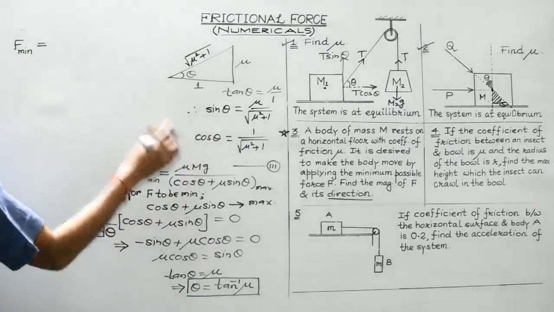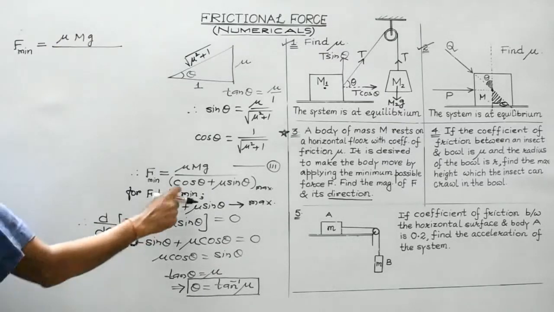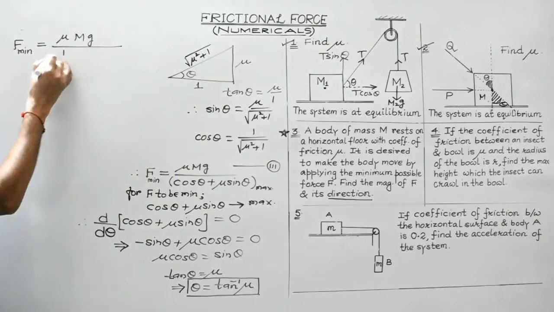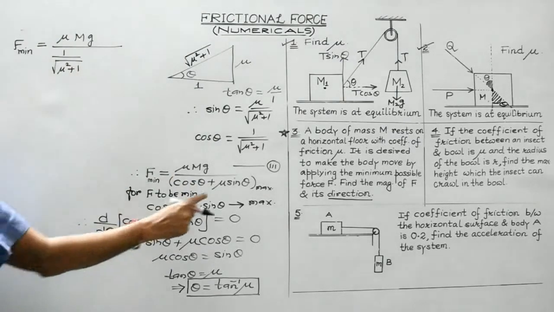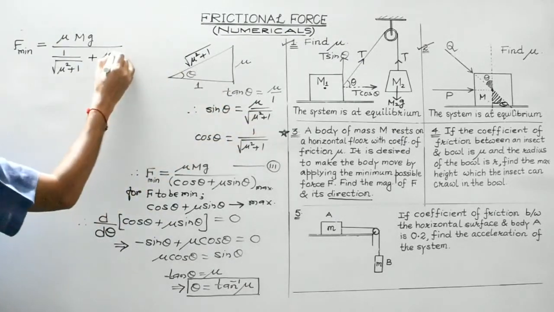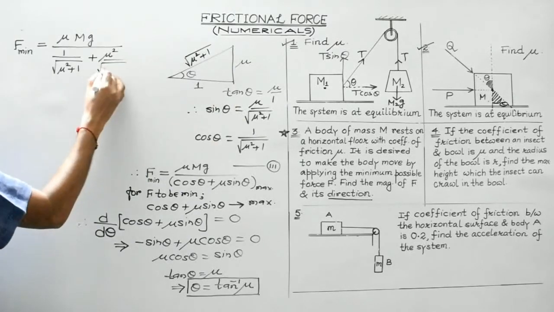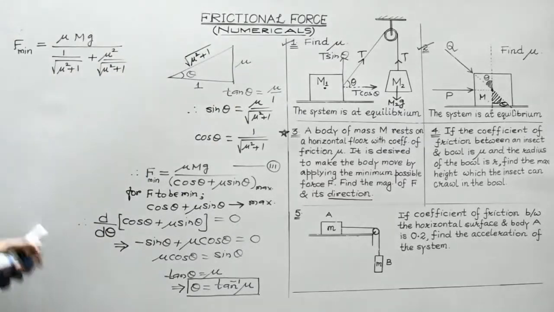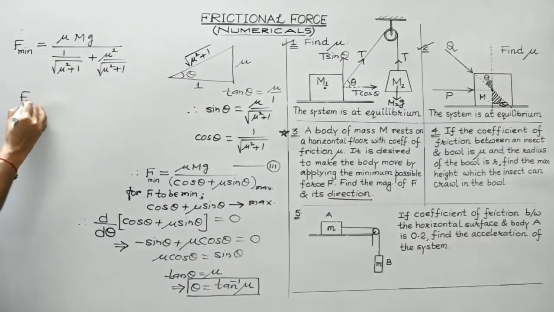It is equal to mu mg divided by cos theta, which is 1 over square root of mu square plus 1, plus mu sin theta. So mu into mu will give us mu square divided by square root of mu square plus 1. Right? So this can be rearranged.